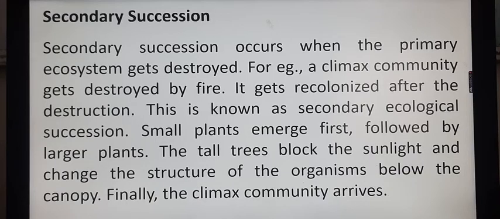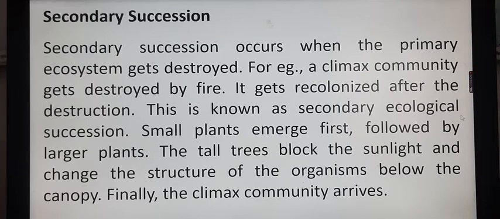Then suppose a fire occurred in the forest area, and the whole forest burnt out, and there is barren land again on that area. Then when any living organism starts surviving in that area, that will be called the secondary succession. So it gets recolonized after destruction.